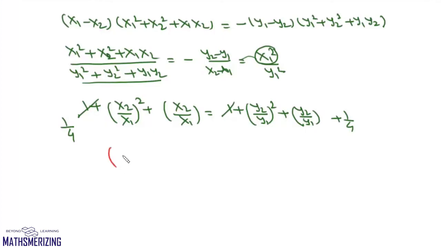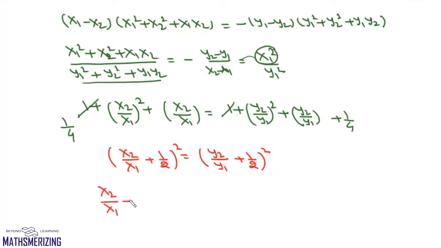Now we can write this as (x2 upon x1 plus 1 by 2) whole square equals (y2 upon y1 plus 1 by 2) whole square. Now we'll get x2 upon x1 plus 1 by 2 equals plus or minus (y2 upon y1 plus 1 by 2).